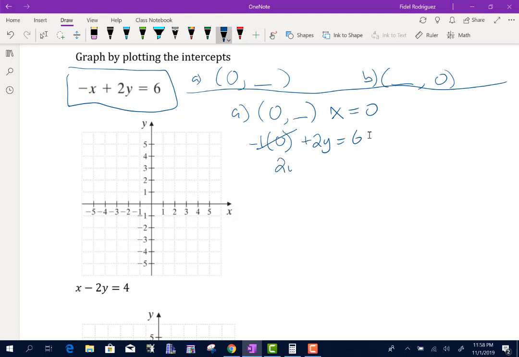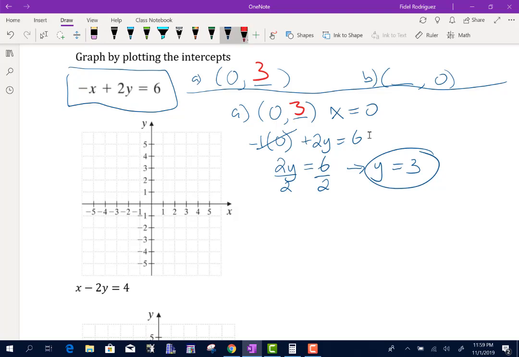That piece just goes away. So I'm left with 2y equals 6. So when I divide both sides by 2, we come up with y is equal to 3. So this number is a 3, and that number is a 3.